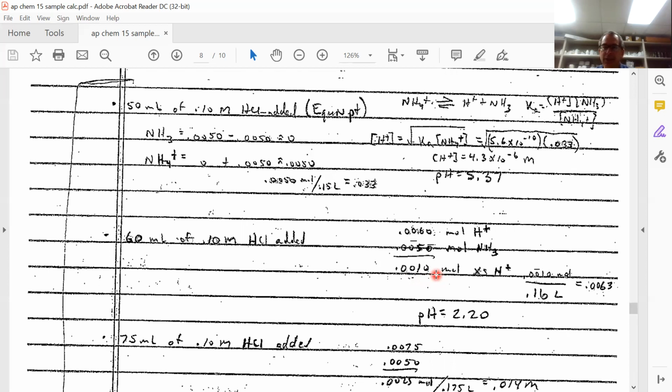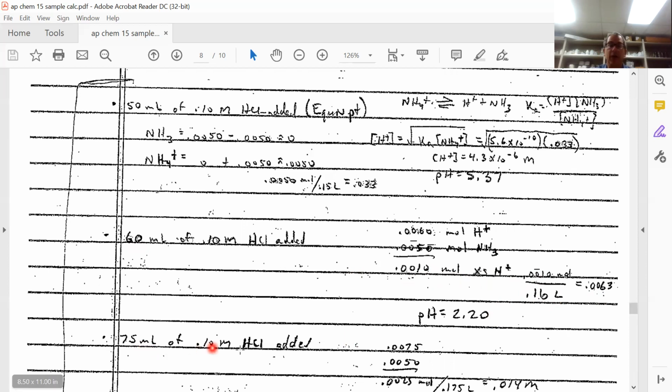The additional NH4+ is not going to affect the pH compared to the H+, which is 0.0010 moles over 0.16 liters, right? 60 plus the 100 original, and I get a molarity, and I can solve for pH.